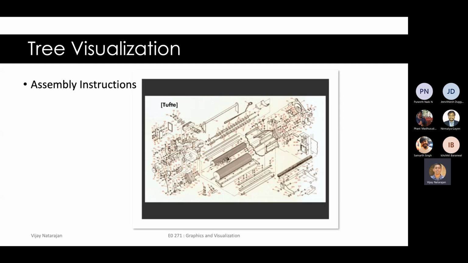Trees can come from different disciplines. If you are a DIY fan, right, you would know the benefit of such an assembly instruction, which clearly tells you the order in which you want to assemble the different parts, so that A, you do the assembly efficiently, and B, you do it without going back and forth, right?